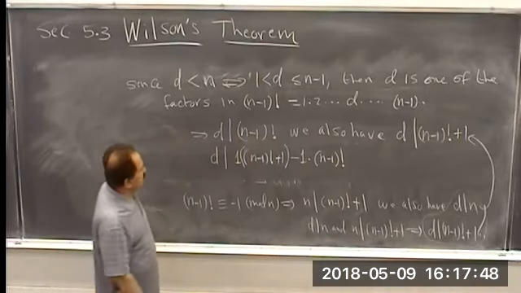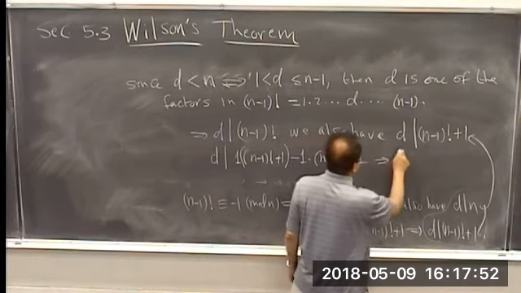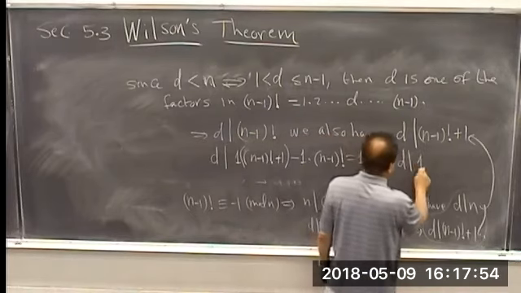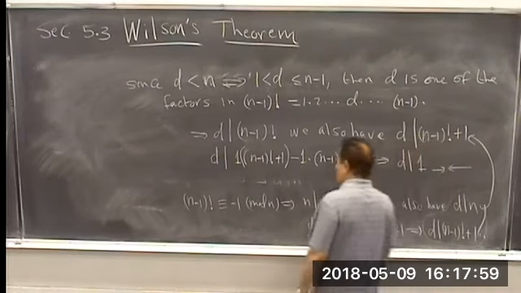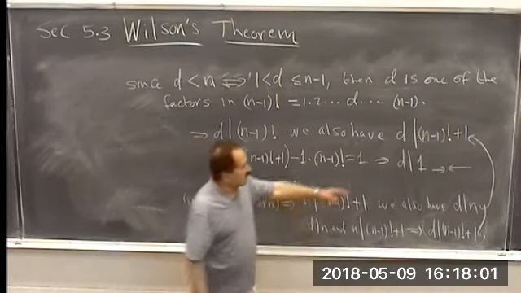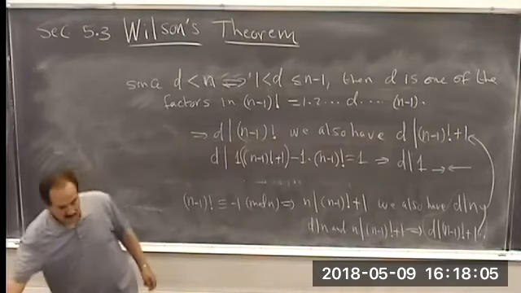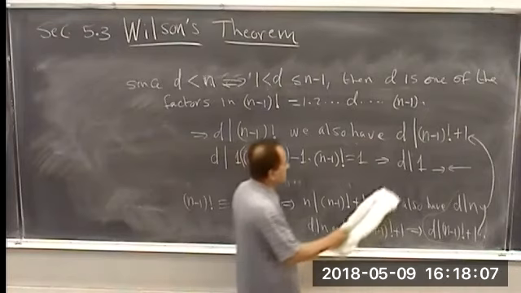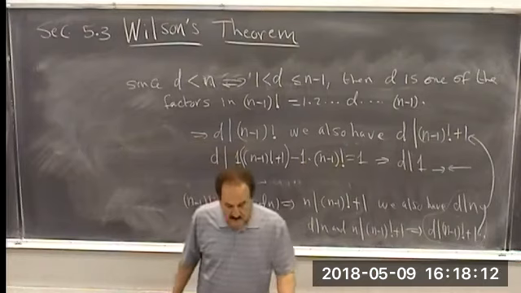The difference between these is equal to 1. So this implies d divides 1. Well, this is a contradiction, because the only way this could happen is if d is equal to 1, but we assumed d does not equal 1.